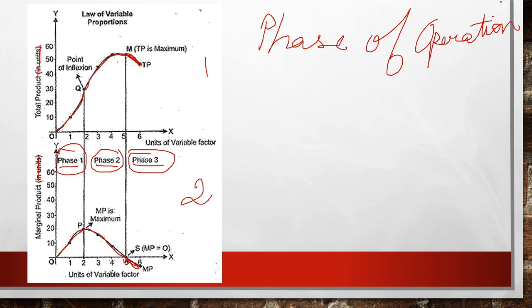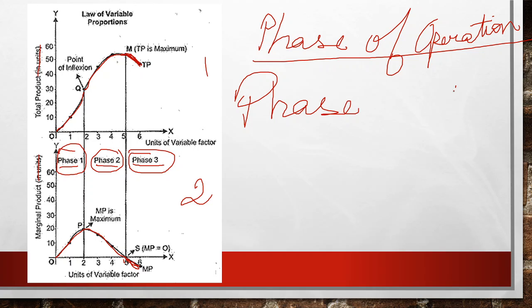Which phase will you choose? As a rational producer, you will always want to operate in phase 2. I repeat, as a rational producer, you will always want to produce in phase 2.